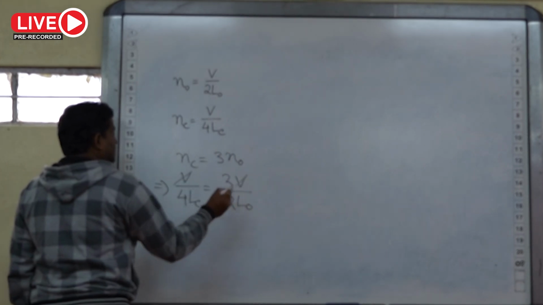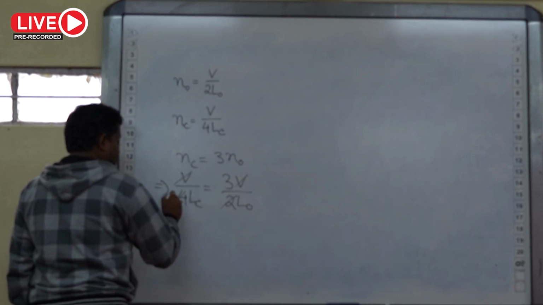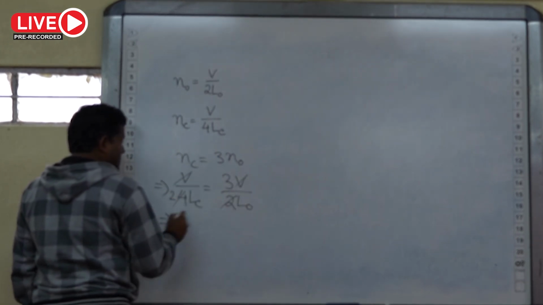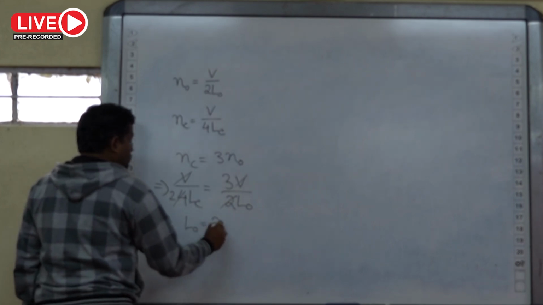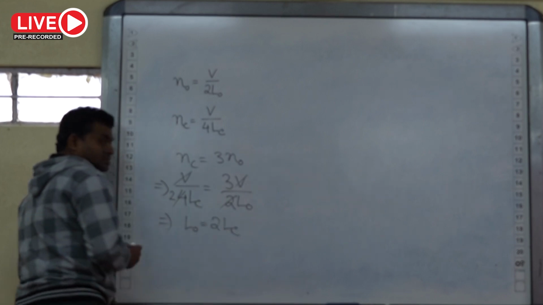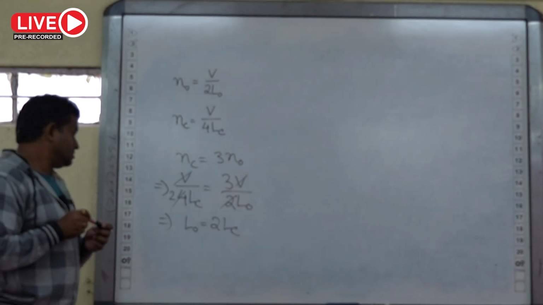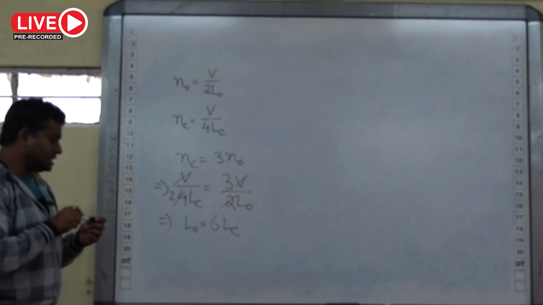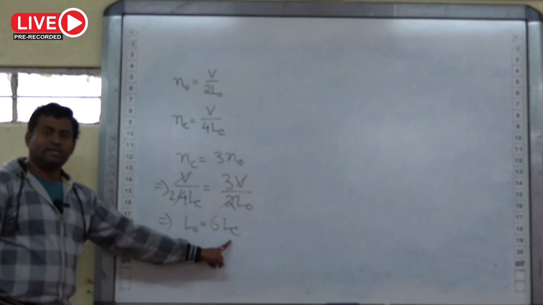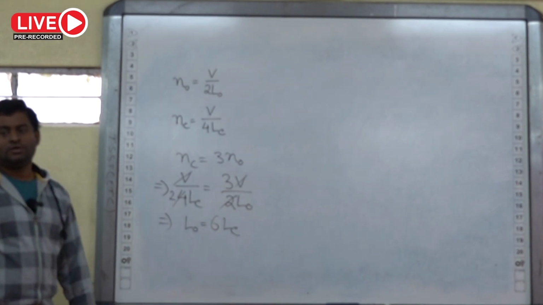So V cancels, and you can write LO equal to 6 times LC. Now LC is given as 20, so this one will be 120.